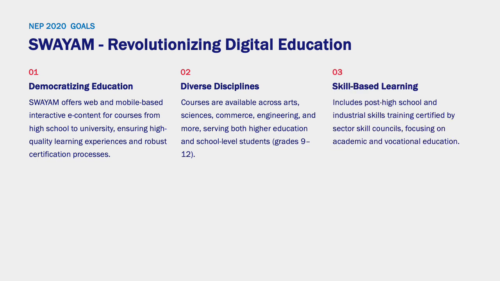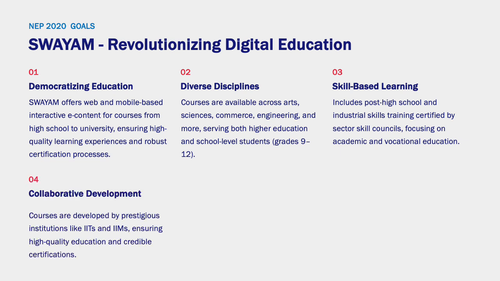Skill-based learning includes post-high school and industrial skills training certified by Sector Skills Council, focusing on academic and vocational education. Through collaborative development, courses are developed by prestigious institutions like IIMs and IITs, ensuring high-quality education and credible certifications.